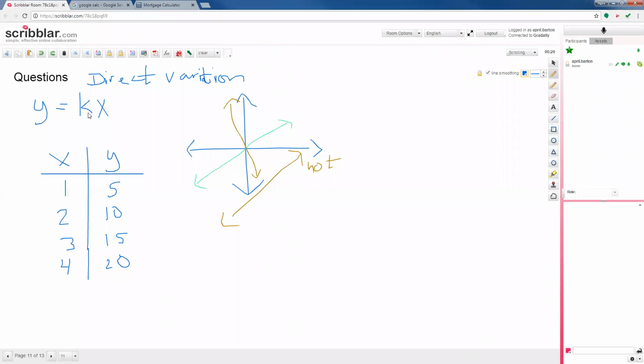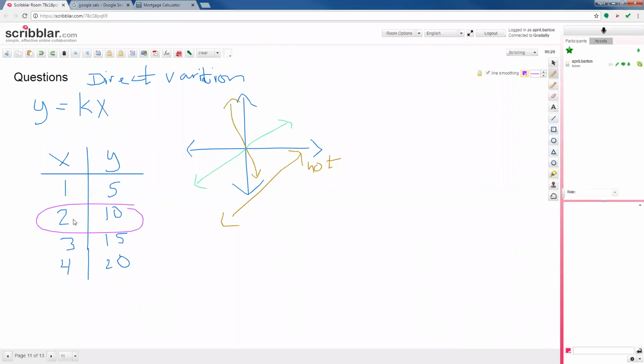So they want this k. They basically want the slope or the rate of change. So you technically could use the slope formula, but since we know direct variation is always this y equals kx, we can use one of the points and plug it into the equation.